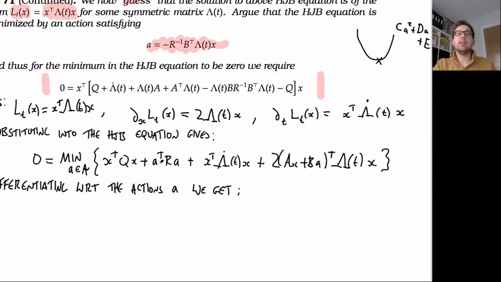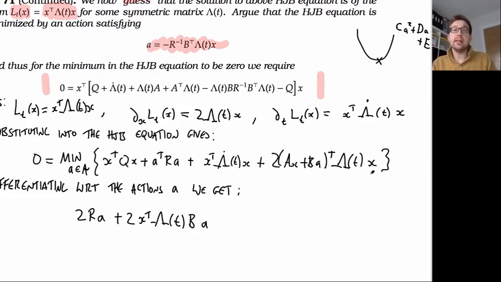The derivative of this with respect to A is 2RA. The derivative of this with respect to A is 0. The derivative of this with respect to A, we're going to pick up 2 lots of x of t transpose lambda t, and then this is going to be applying B. Notice I've just swapped the signs over here. So that's the derivative of this with respect to the set of actions. Then we need to set those equal to 0.